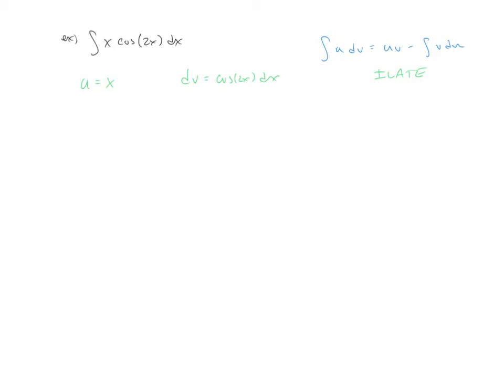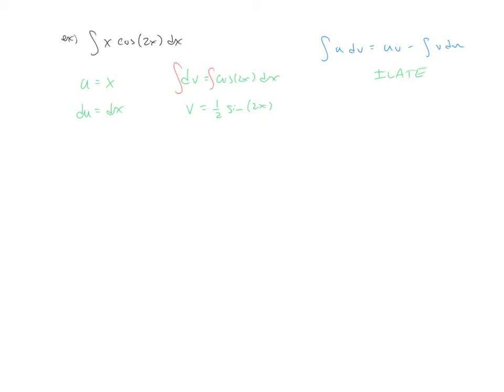And to get du, we're going to need the derivative of this guy. So our du in this case is going to be a dx, and our v right here is found by integrating. And you can certainly go off to the side and do a u sub here. U would equal 2x, du would equal 2 dx, divide it off, etc. And this comes down to be 1/2 sine of 2x.